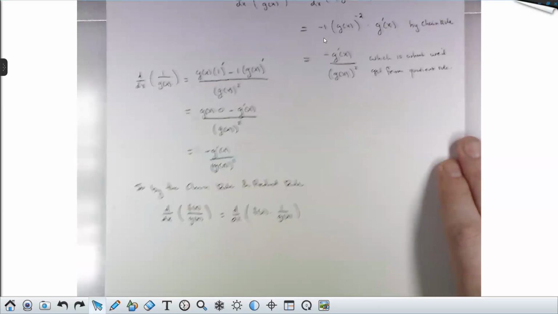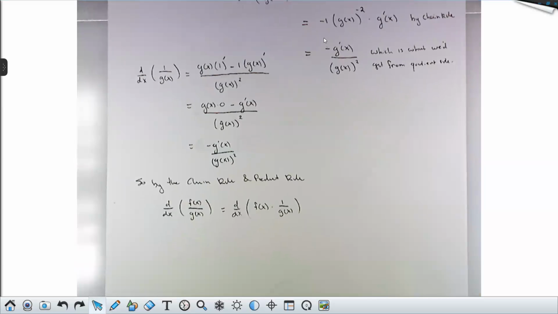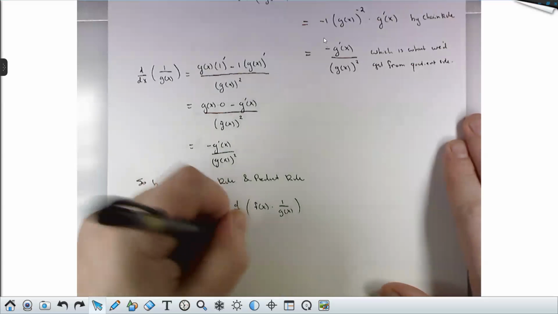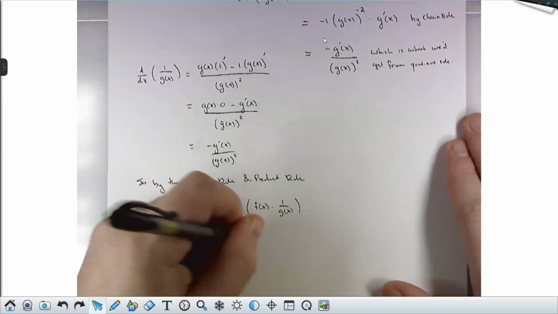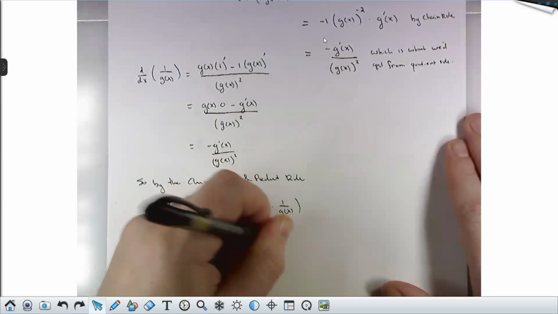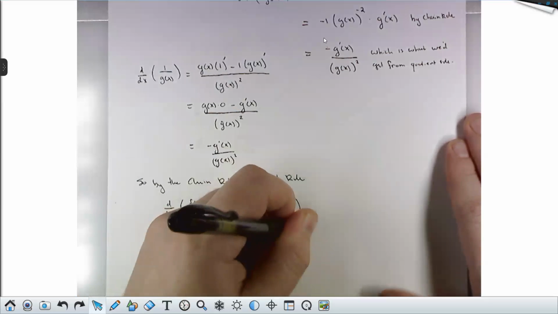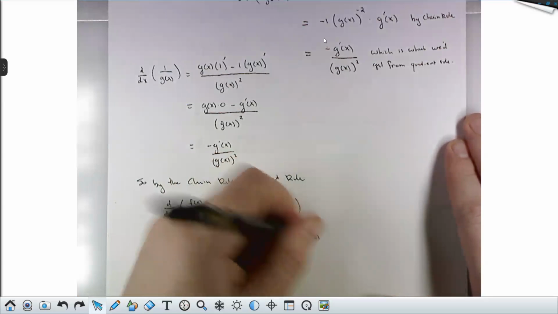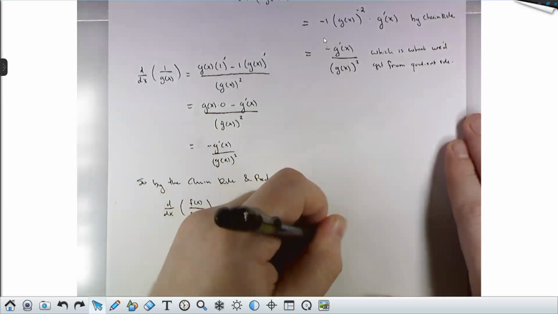Just algebra there. 1/3 is the same as 1 times 1/3, or 7/5 is the same as 7 times 1/5. Now by the product rule, this is the derivative of the first guy times the second guy plus the first guy times the derivative of the second guy.